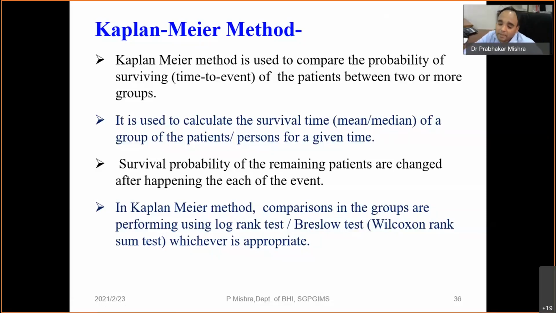The survival probability of the remaining patients changes after each event happens. It means after each and every death or event, the remaining patients' survival probability changes.